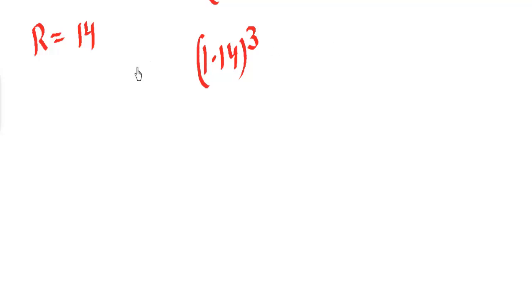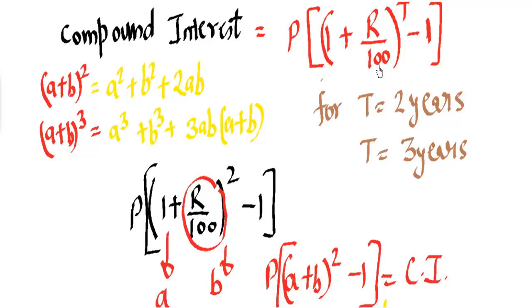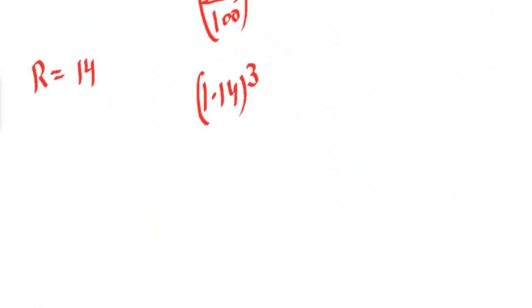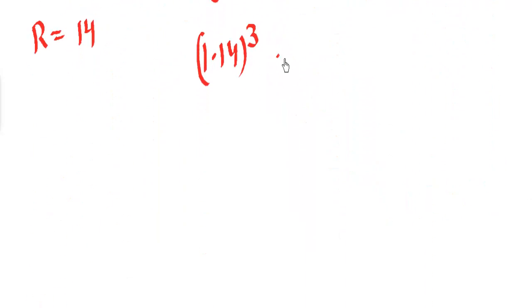As you guys know, (a plus b) whole cube is a cube plus b cube plus 3ab (a plus b). So here also we can split it as (1 plus 0.14) whole cube, and my a is 1 and my b here is 0.14.